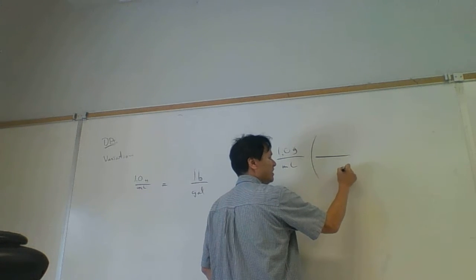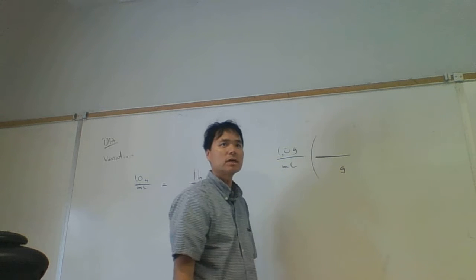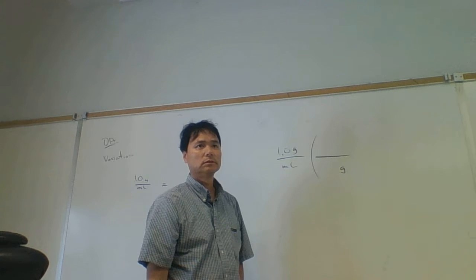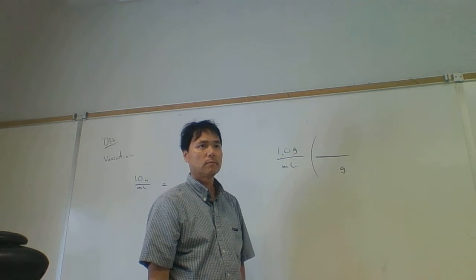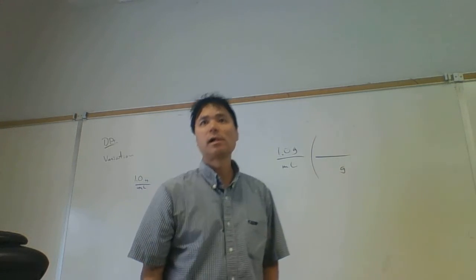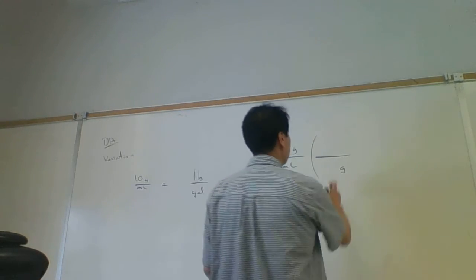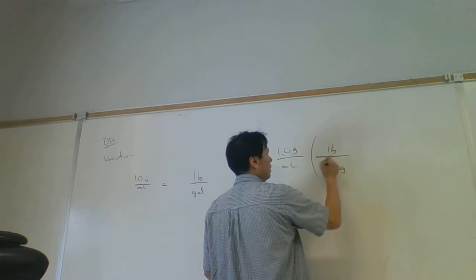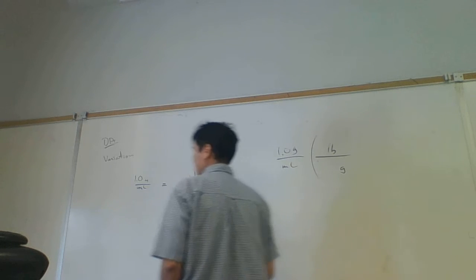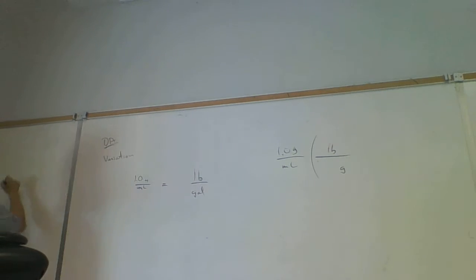Our standard is we need to get rid of grams. What can we use to get rid of grams here? What can you relate grams to? To pounds? Yeah, actually we can relate grams to pounds straight, and this will be given, because it's not exact. 1 pound is equivalent to 453.6 grams.